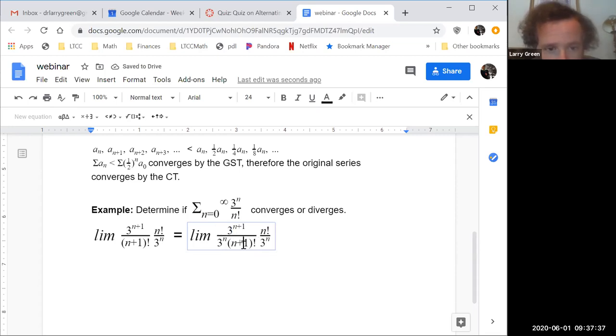Let's try this again. And then I'm going to put the n plus 1 factorial last. So it's going to kind of switch around.